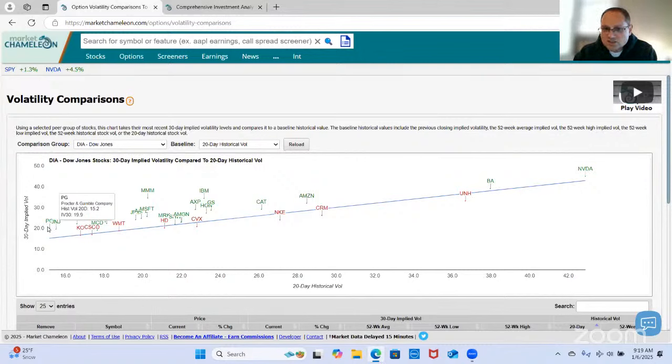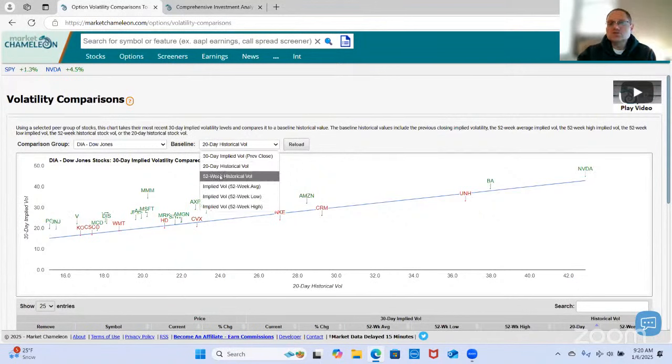We could still change this baseline and go a little bit further and say, what about its longer term volatility? The 20 days is the most recent history, but we could smooth out that volatility because it could have bumps up or down. And if we thought that it would look closer to its longer term realized volatility, we could go to the 52-week historical vol.